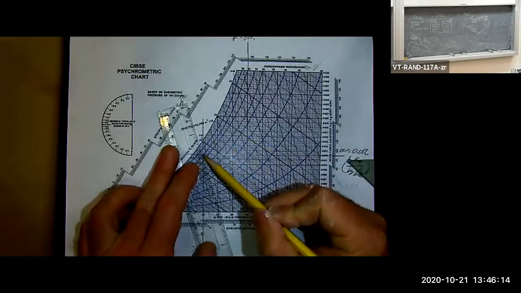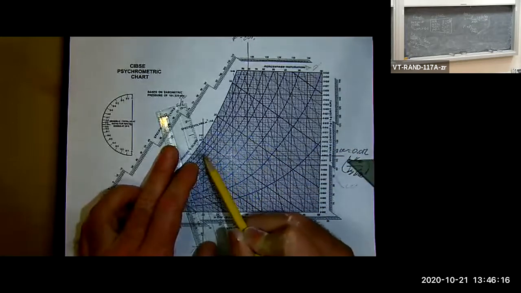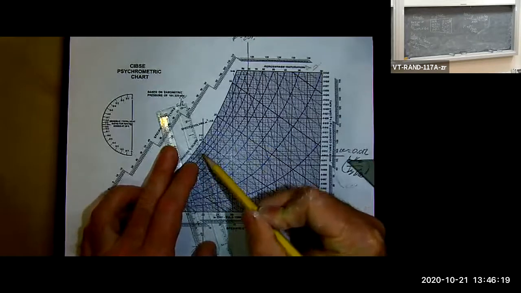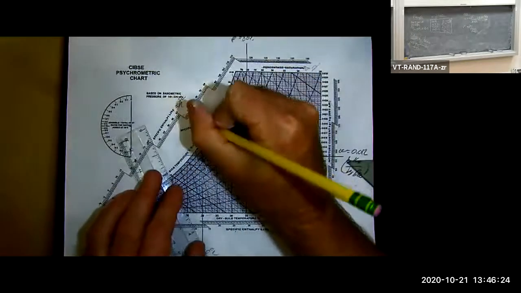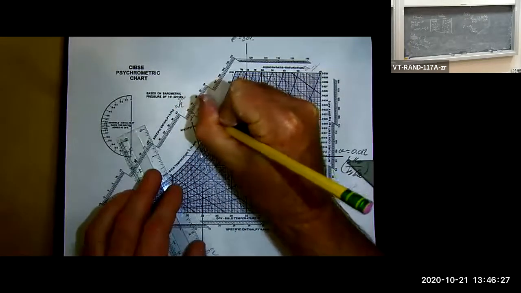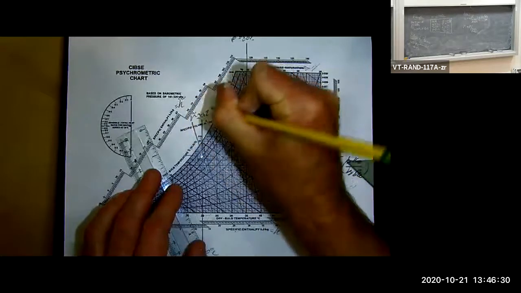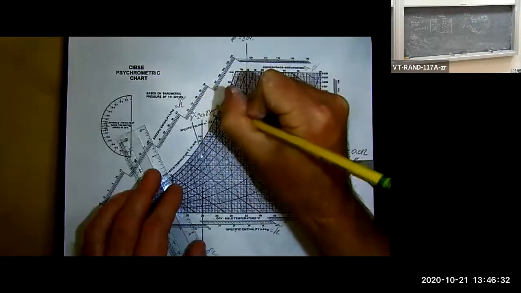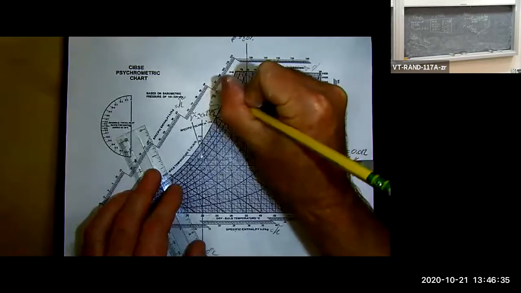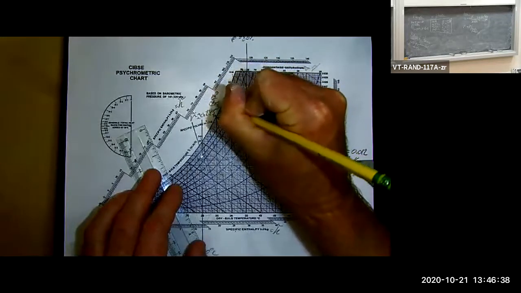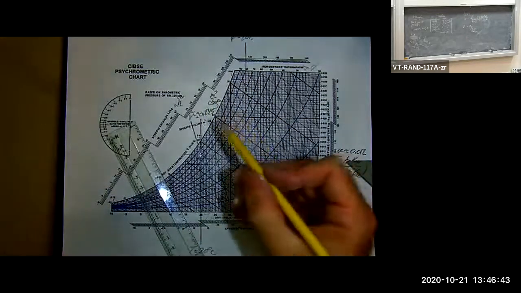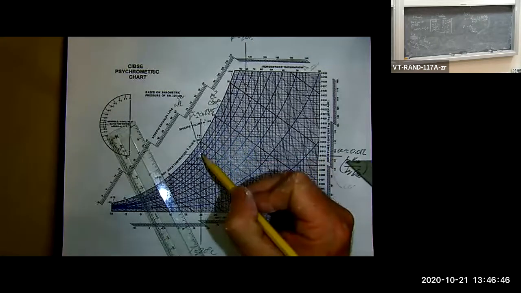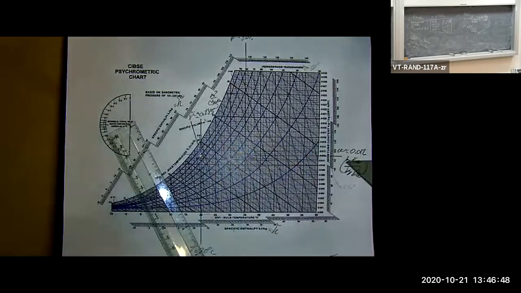I'm going to draw a line right here that is perpendicular to this line, if I can. And there we go. So I'm going to write here V tilde approximately equal 0.845. And that's going to have units of cubic meters per kilogram dry air. So 0.85 is the value I get there, approximately, halfway between 0.84 and 0.85.